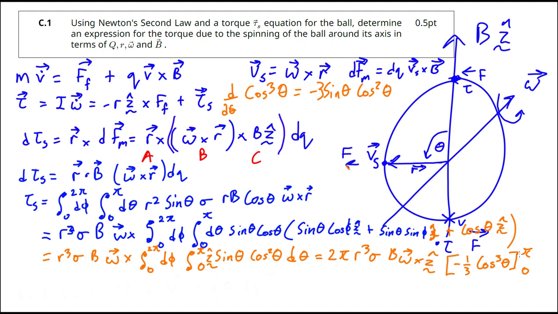Now when I do this, cos of pi is minus 1 and cos of 0 is 1, so that means I'm going to essentially get a factor of minus 2. So I do minus 1, and I get a factor of minus 2. So if I put that all together, I already had 2 pi, now I'm multiplying by 2, I'm cancelling out my minus that I've got there, so that means I've got 4 pi. Okay, and then this is all going to be divided by 3. Then I've got r cubed b, and then I've got omega cross z.